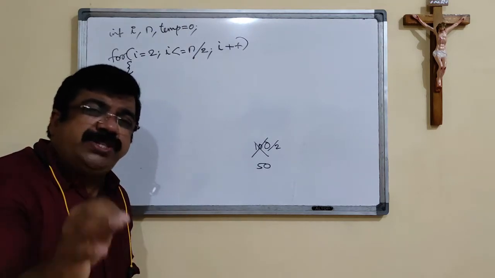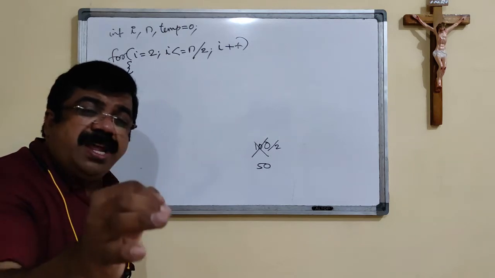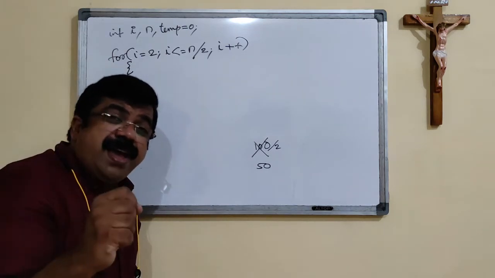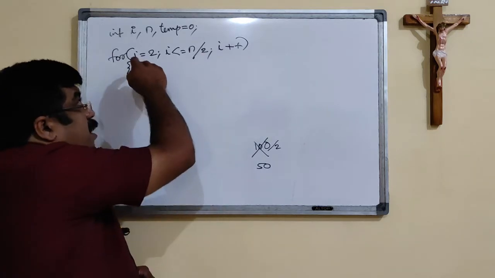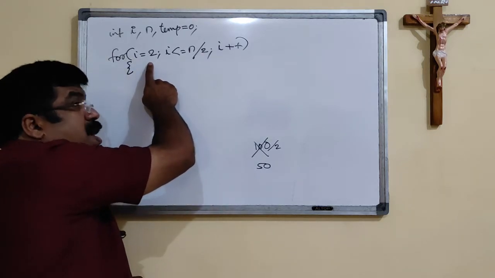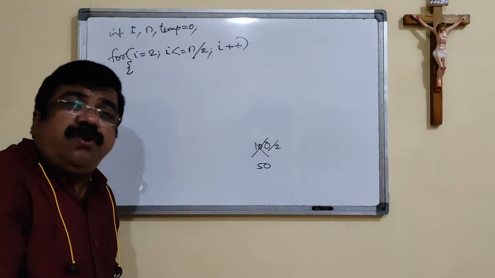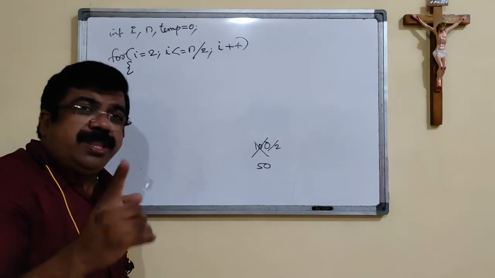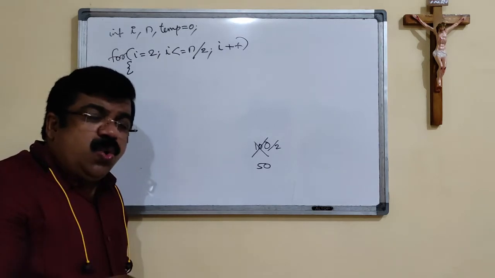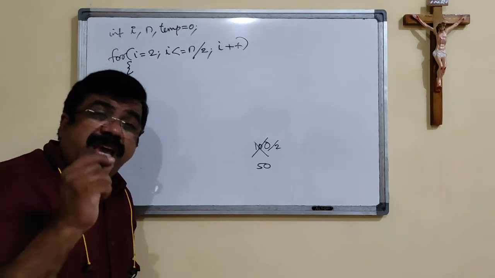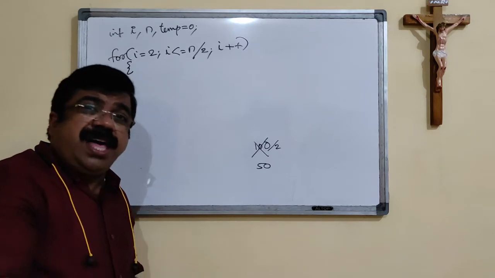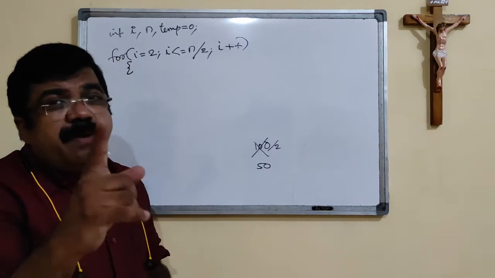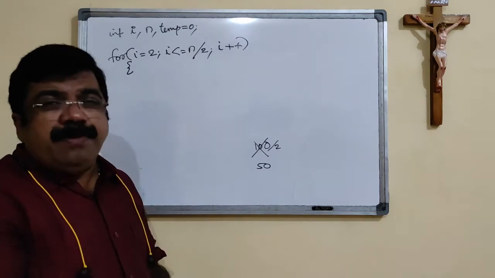That means we will conclude that when any factor comes other than 1 or the number itself for a number, it is not a prime number.